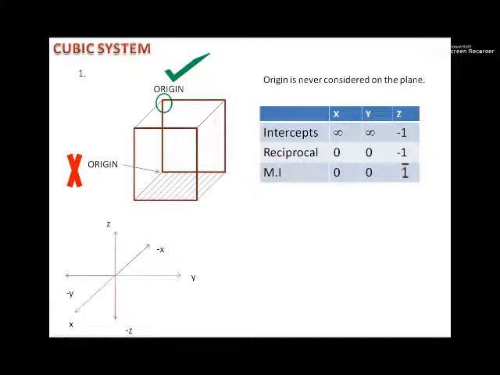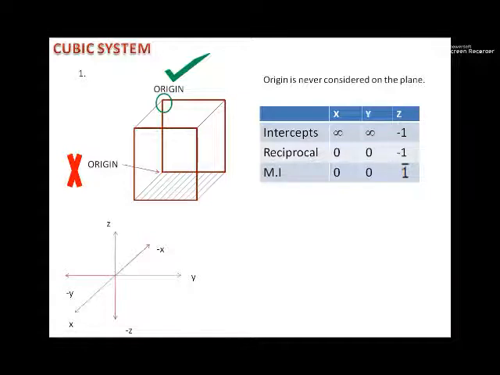The intercepts are infinite, infinite, minus 1, so the reciprocals are 0, 0, minus 1, and obviously you cannot write this minus 1 in the Miller indices. You have to write 0 0 1 bar, so this is called bar. Okay, so the Miller indices of this plane is 0 0 1 bar.